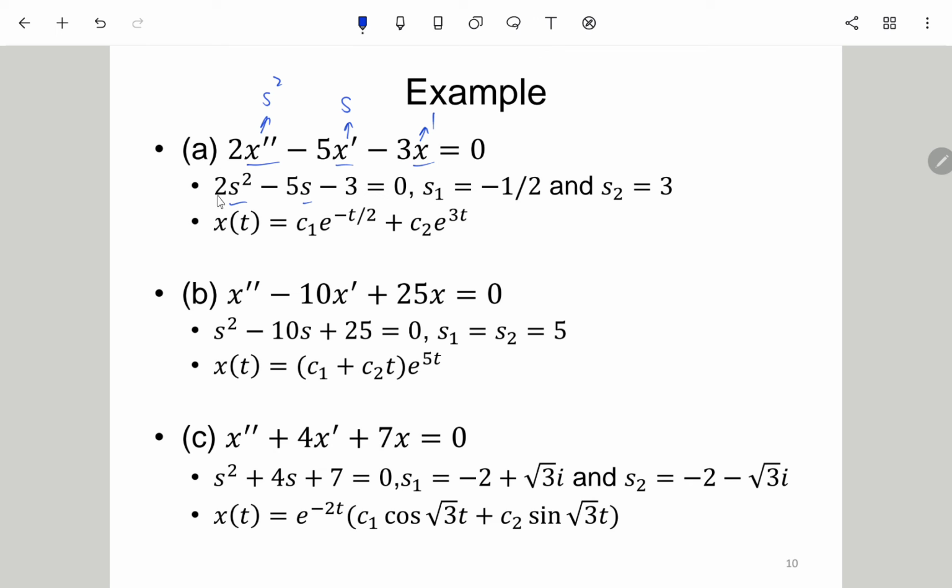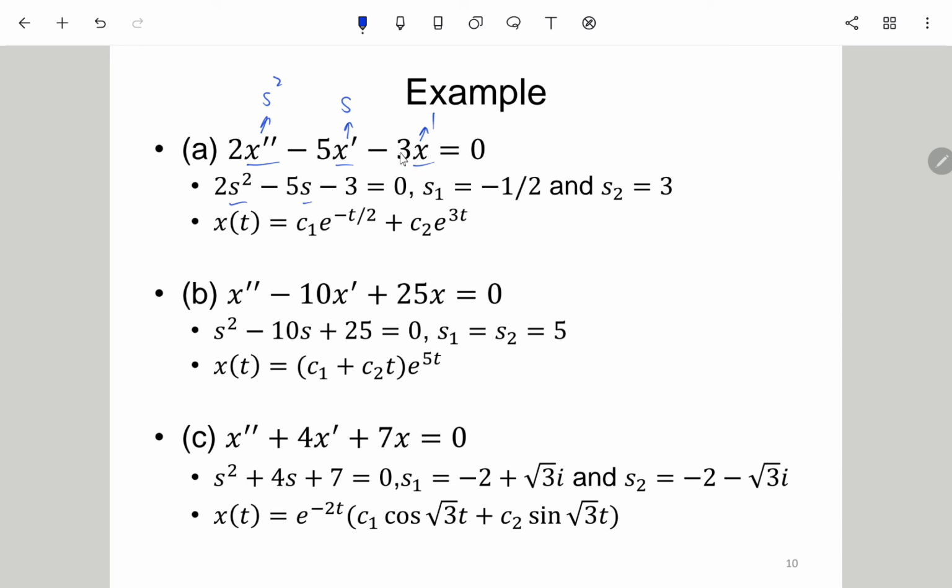So here we have 2s squared minus 5s minus 3 equals 0. Solving it, we have s1 equals negative 1/2 and s2 equals 3. These are distinct real roots.